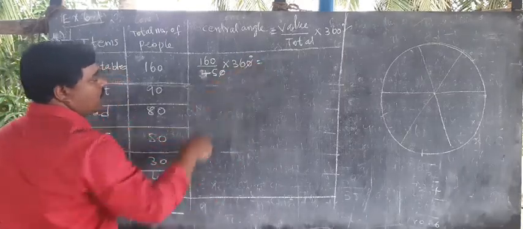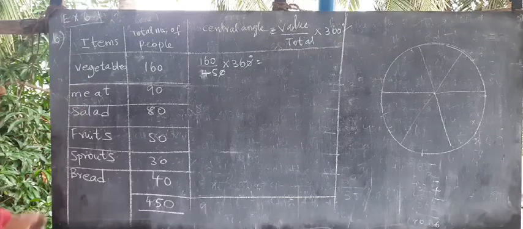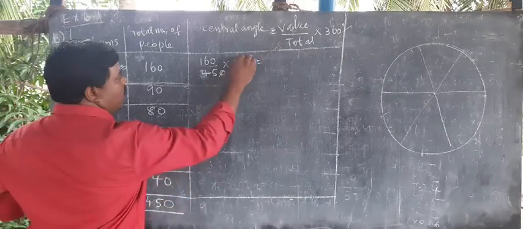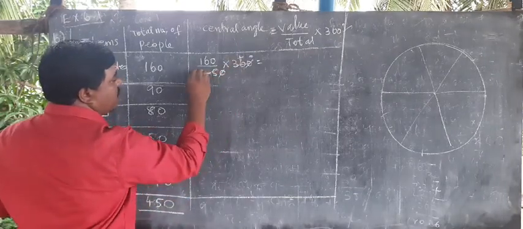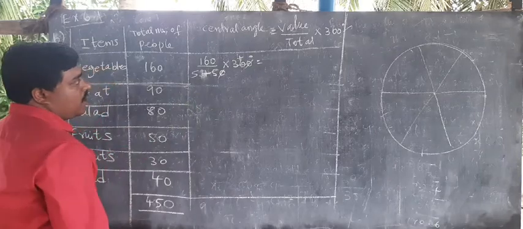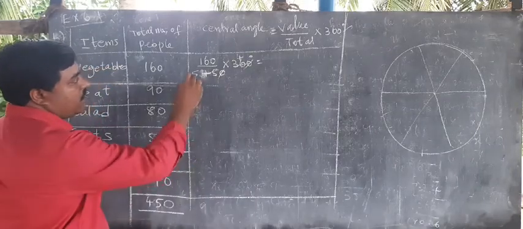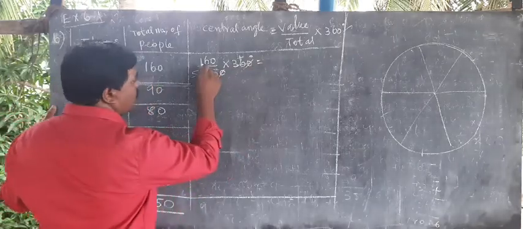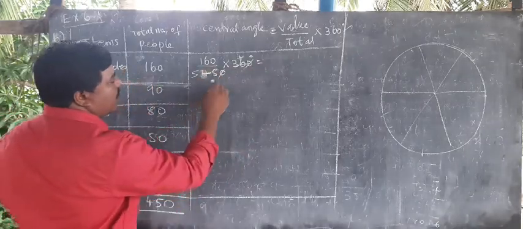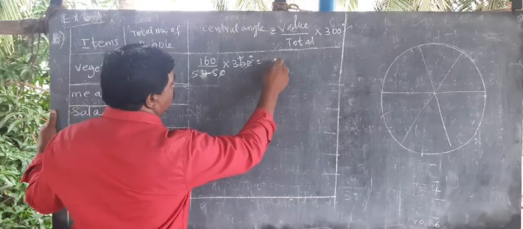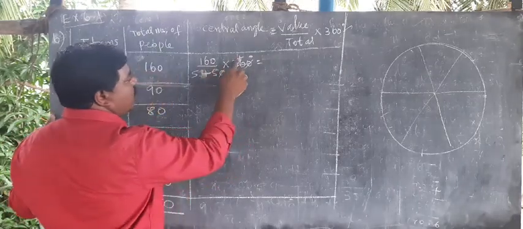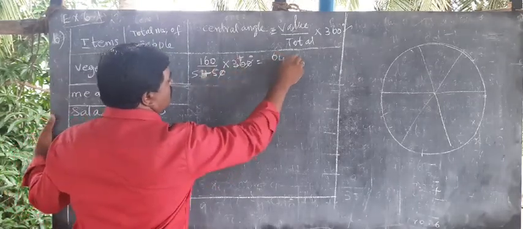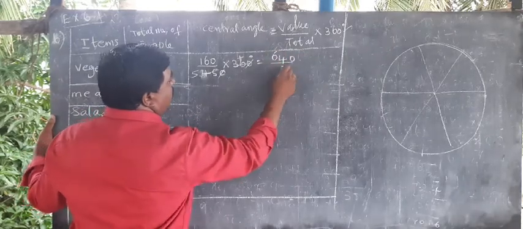This 0 I cancelled. 9 4 times is 36, 9 5 times is 45. Then we can't cancel further. 160 into 4 is 640, by 5.